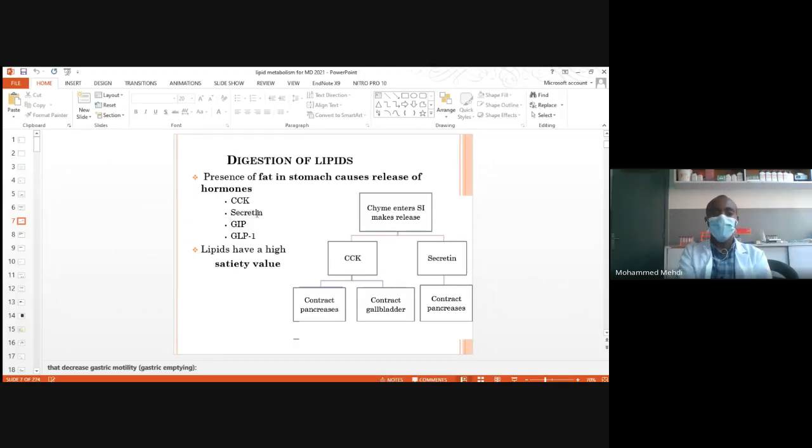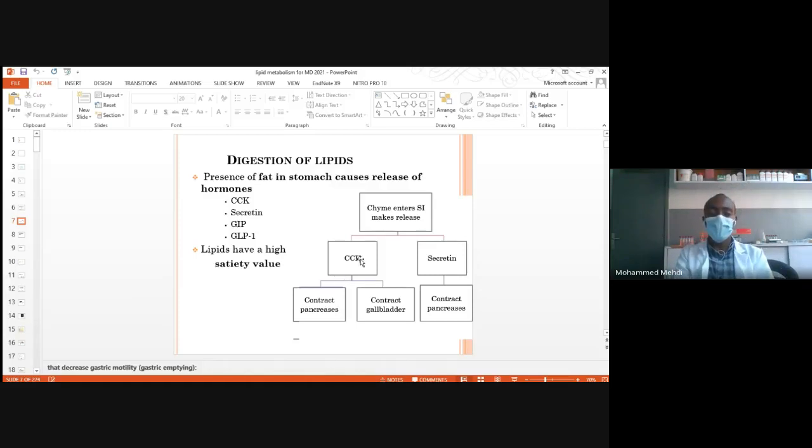All these three, along with gastric inhibitory peptide and glucagon-like peptide 1, stimulate the release of insulin upon food consumption. Okay, these 4 hormones are secreted upon the arrival of food to the stomach or small intestine. Chyme entering the small intestine causes the release of these 2 hormones, cholecystokinin and secretin, plus the other hormones, which will be secreted upon food arrival.